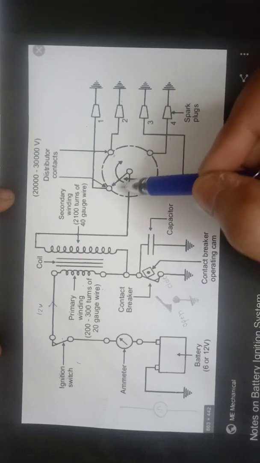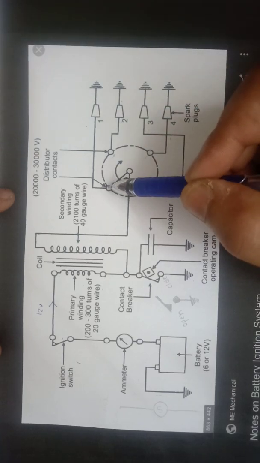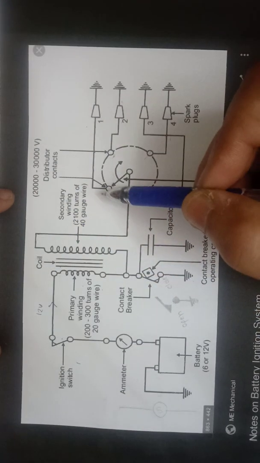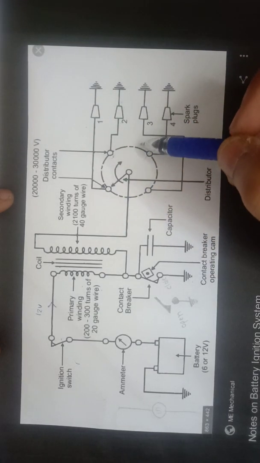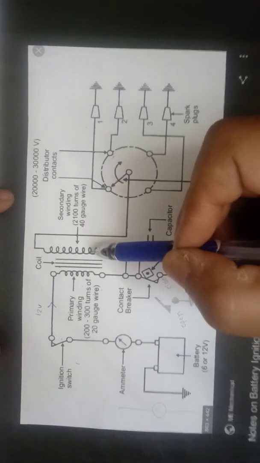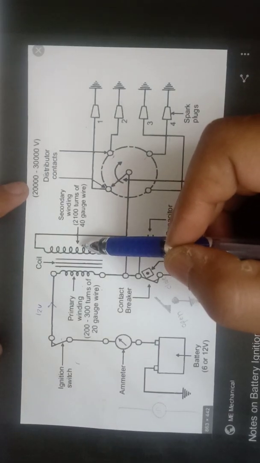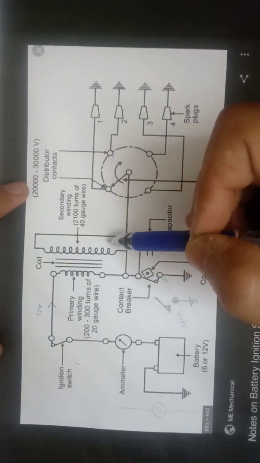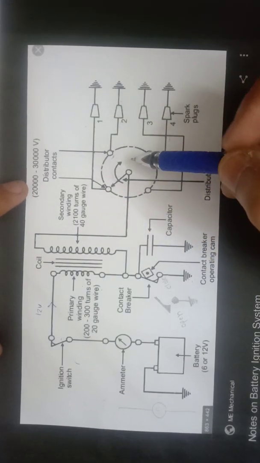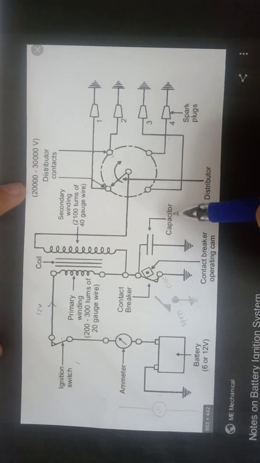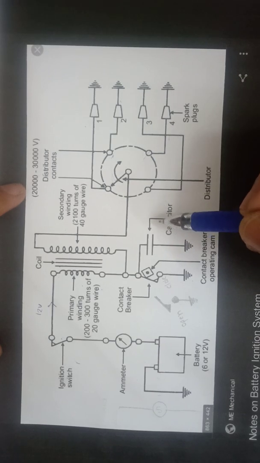So this high tension 20,000 to 30,000 volt is distributed to the various cylinders according to their firing order. This is how the high voltage is generated in the secondary winding and distributed according to the firing order by the distributor. So this is how the battery ignition system works.